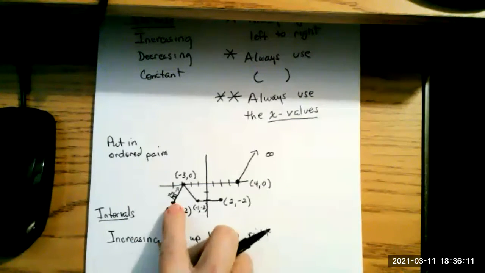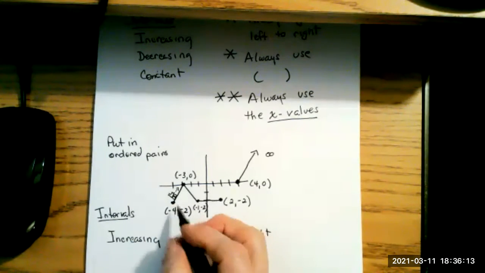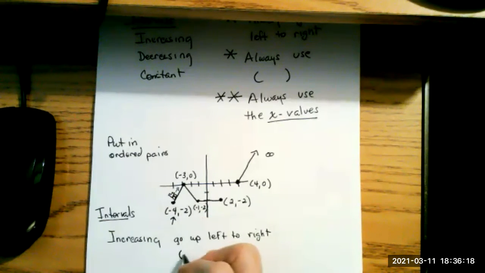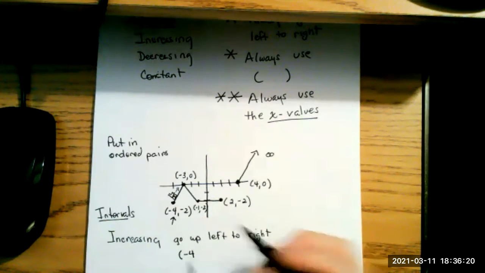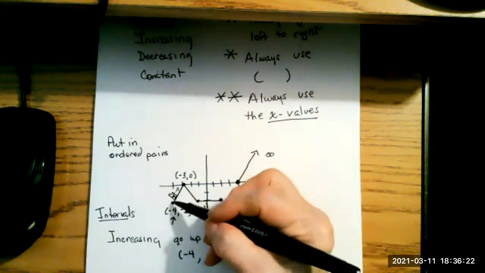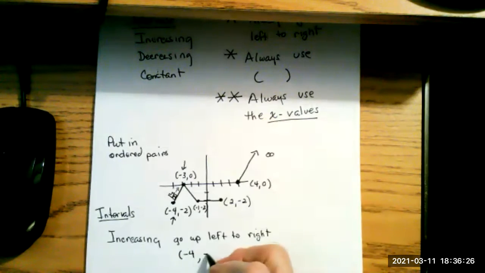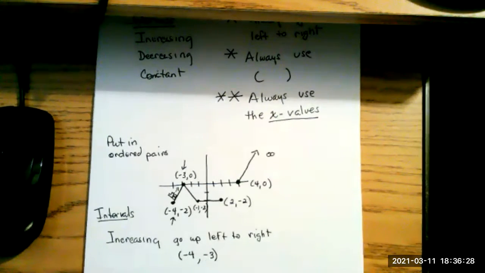So I'm going to start down here and go left to right, the first one. And remember, I'm using the x values. I do parentheses, -4, comma, and it's going to go up until I get to an x value of -3. So my interval increasing is (-4, -3). Notice I'm using the x values.